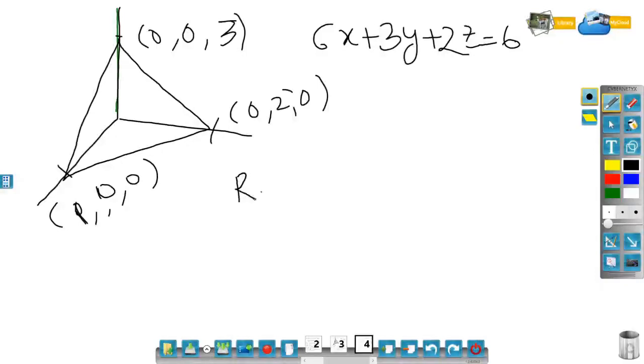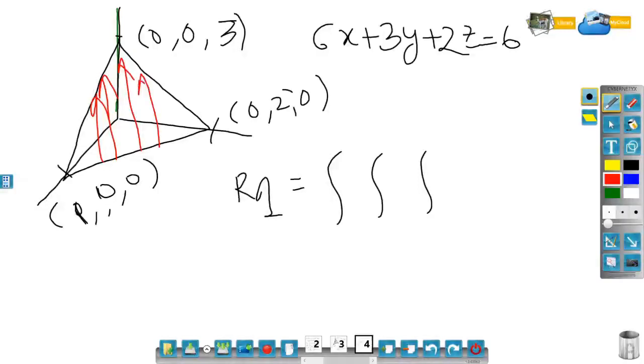So let's go along the first integration, which I will call r1. I will find it along z. Any z I take always starts from the xy plane. This is my x, this is my y, this is my z. The equation of the xy plane is nothing but z equal to 0.